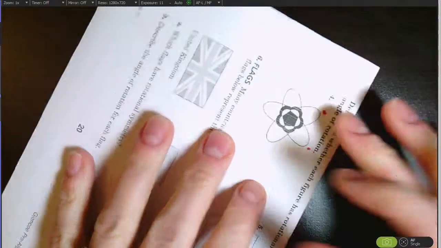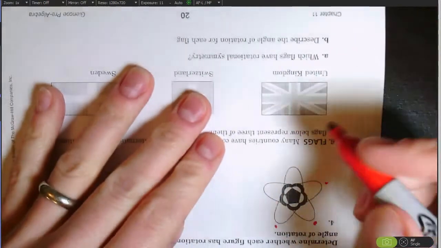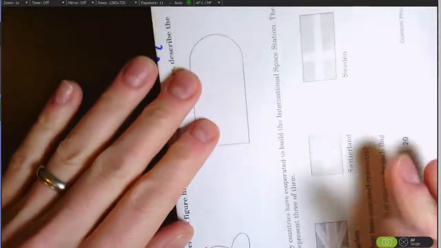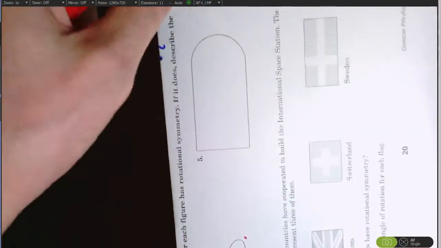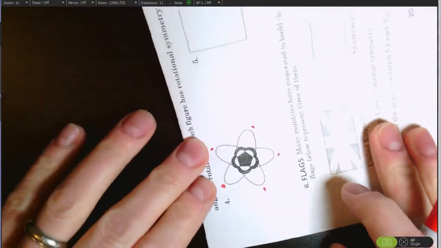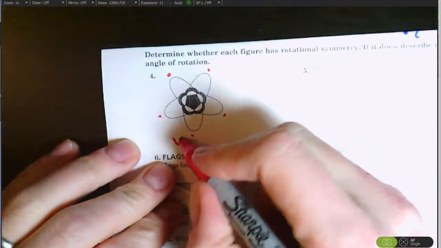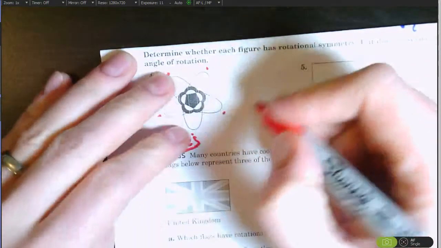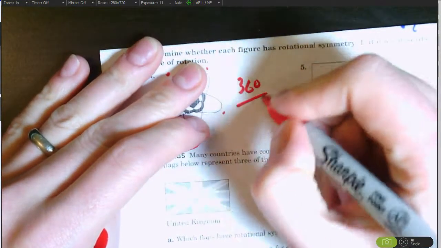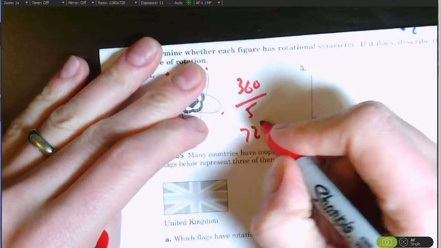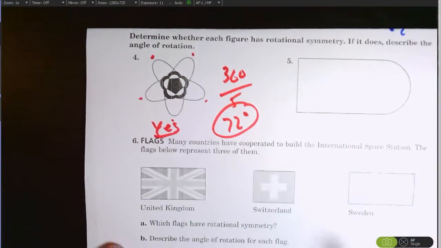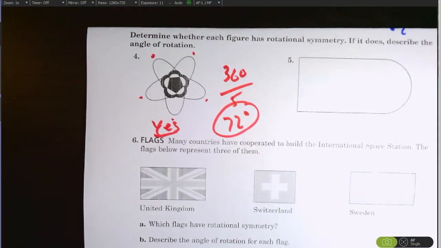After a while, you just kind of see it. Oh, I'm off the screen, aren't I? Up there it is. It's 5 different times that it does that. So yes. Since a full rotation is 360 degrees, 360 over 5 is 72 degrees. So every 72 degrees I turn this figure, I end up getting the exact same figure.